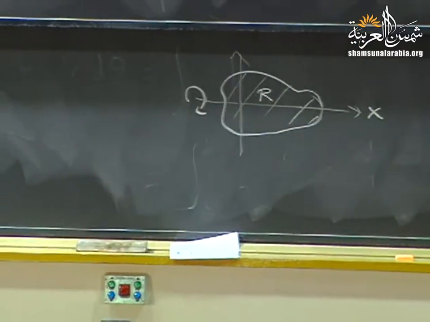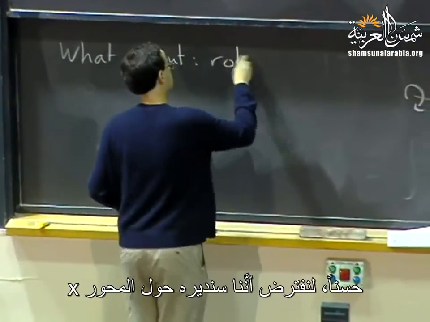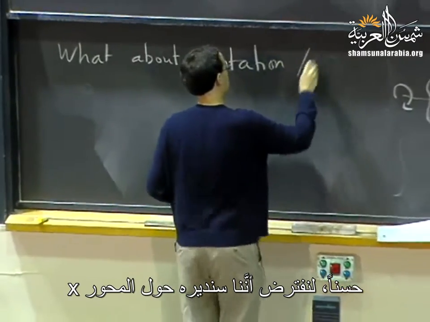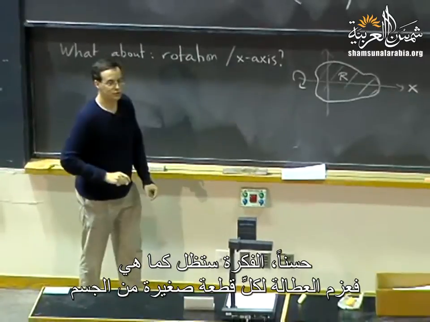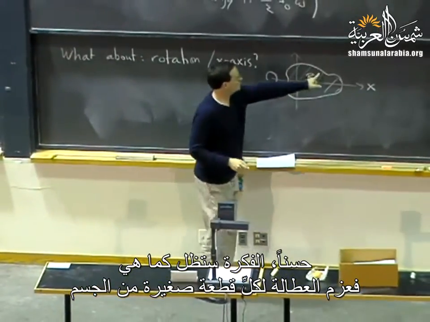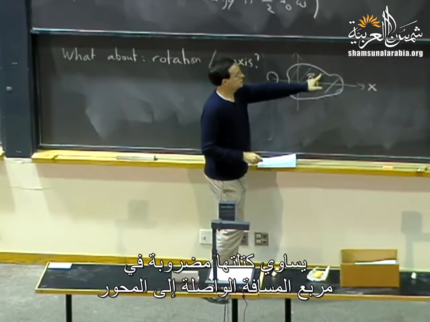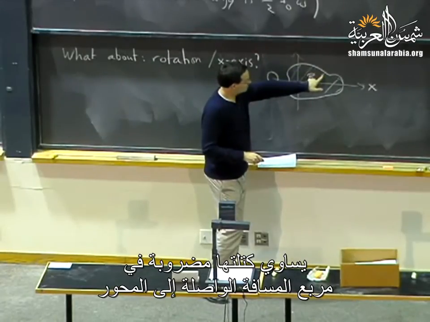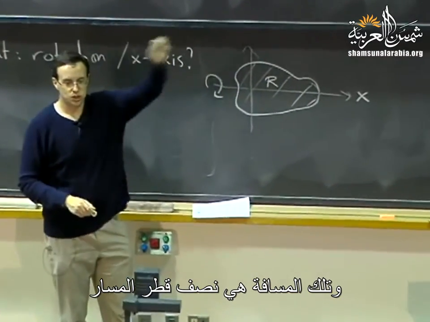So let's say we do rotation about the x-axis. Well, the idea would still be the same, okay? The moment of inertia for any small piece of the solid would be its mass element times the square of the distance to the axis, because that will be the radius of the trajectory.